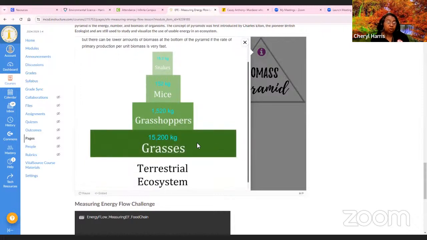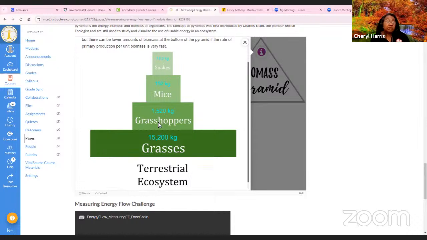There are far more blades of grass in a terrestrial ecosystem than there are grasshoppers. Later on we'll look at, if we were to take out the mice, if for some reason the mice got a disease and they died, the snakes would also die out because they're only eating the mice.